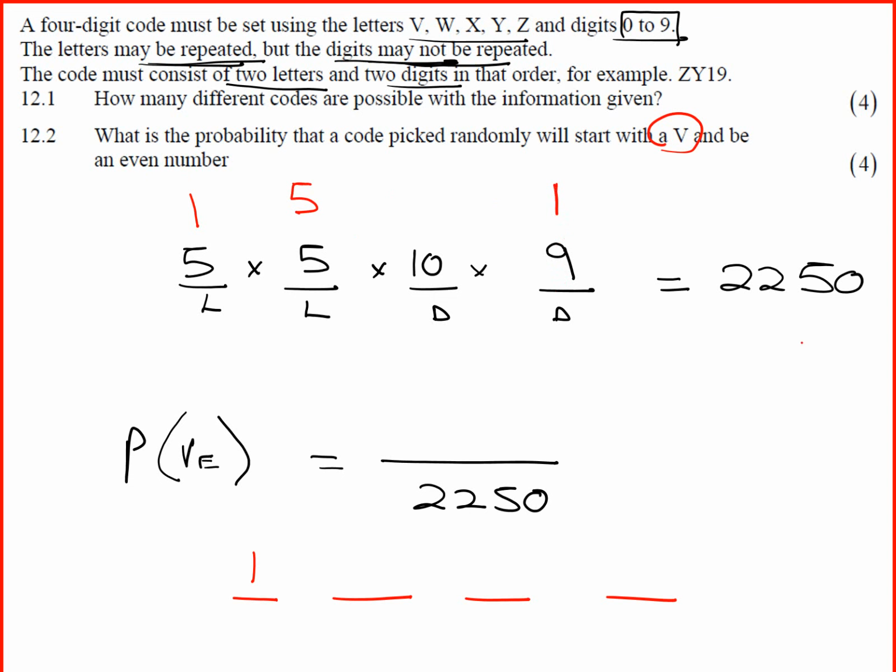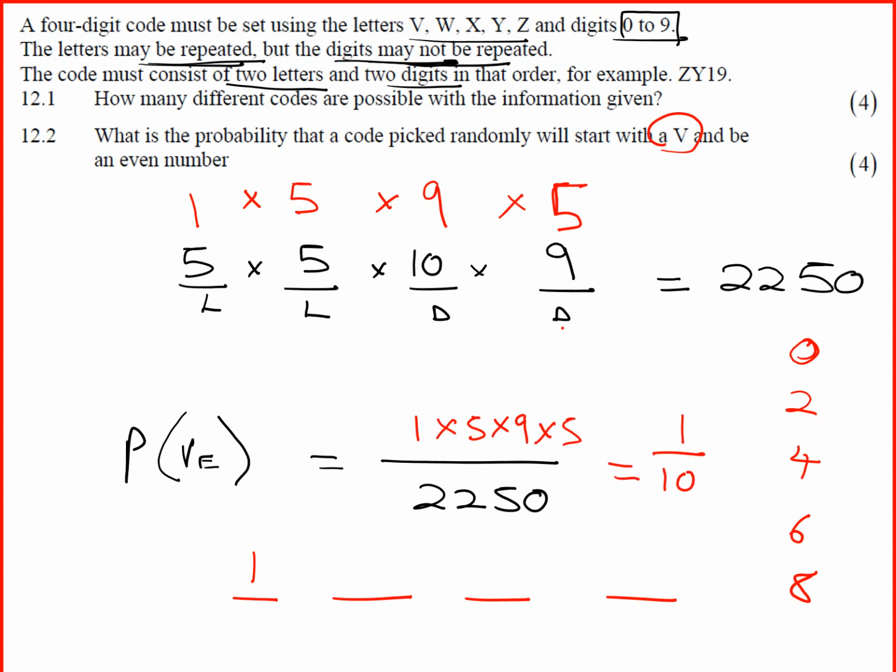To get an even number, it can end with a 0, 2, 4, 6, 8. So that means we have 5 options here. But digits cannot be repeated. If we use a digit in the last position, which generates an even number, then instead of having 10 digits here, we now have 9. So we need to multiply 1 times 5 times 9 times 5. And that will give us an answer of 1 over 10. And that is our answer for the final question.